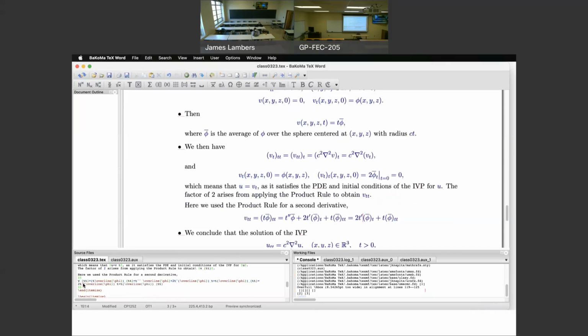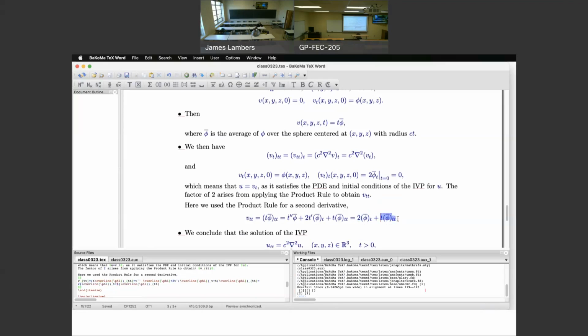That's 1. But now I have to evaluate this at t equals 0.